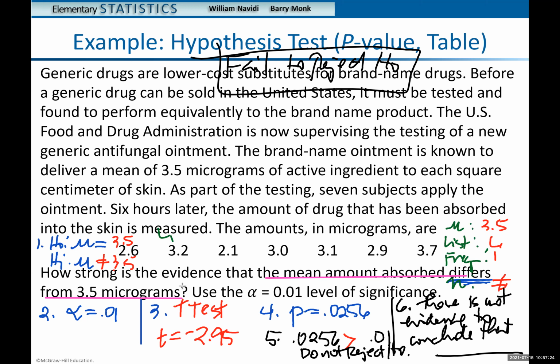For your Connect Math, don't expect that the problems say to use the 6 steps. You won't see that. Instead, there's a question, letter A, what's the correct hypothesis? Then what's the test statistic? What is the decision or the conclusion?